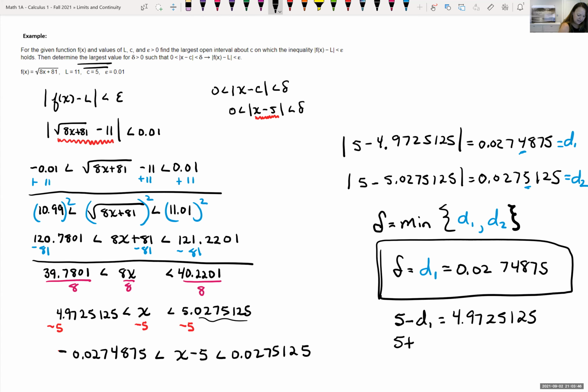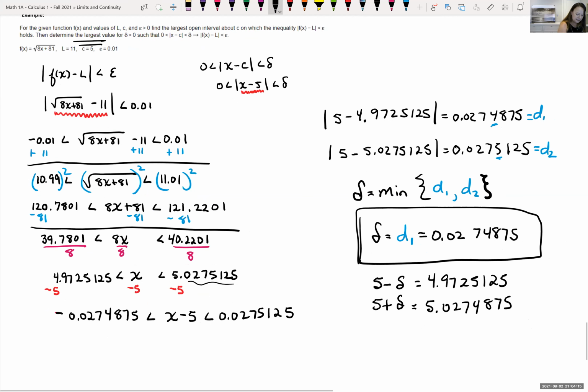And 5 plus that distance of delta, so 5 plus this decimal is 5 and the decimal, 5.0274875. So that's our largest interval around C that would map us inside of that epsilon neighborhood.